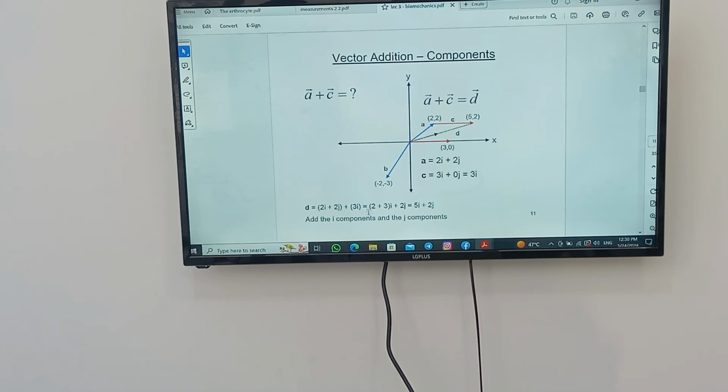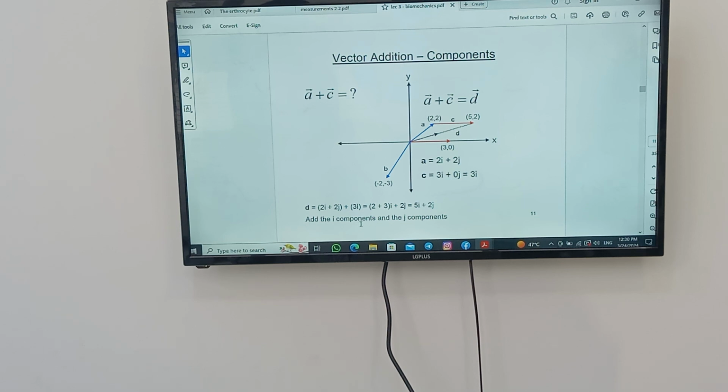We're going to open the brackets. It equals 2 plus 3 for the i. We take out what's in common, which is the i, so we say 2 plus 3 for the i, plus the odd one out, which is the 2j, equals 5i plus 2j.